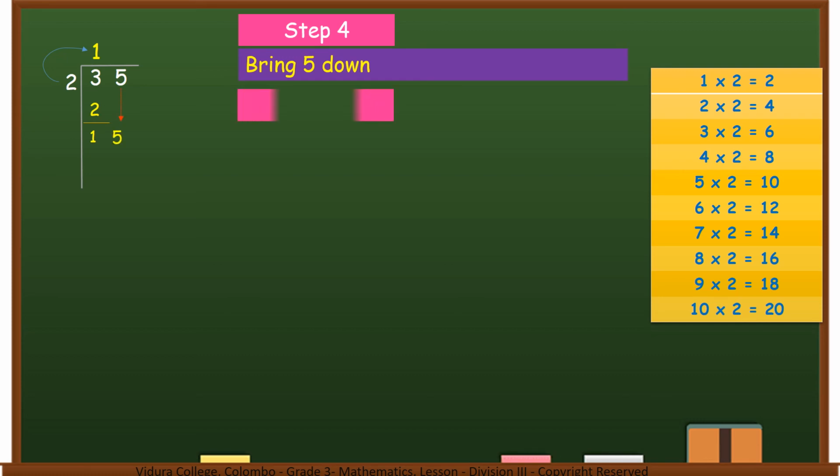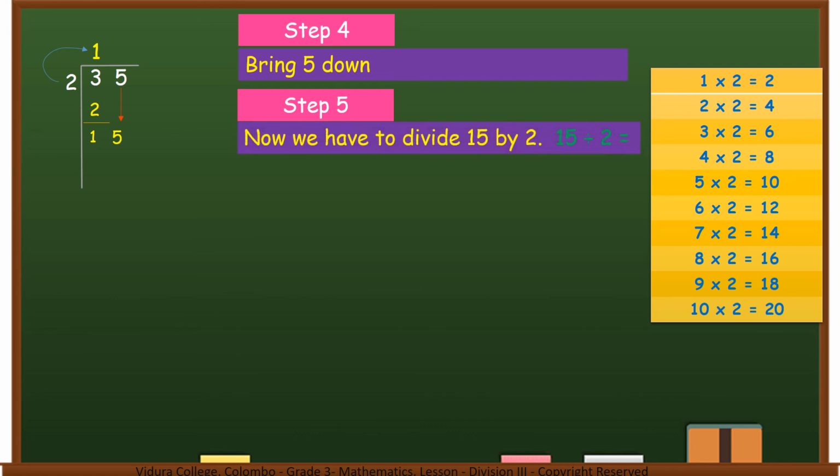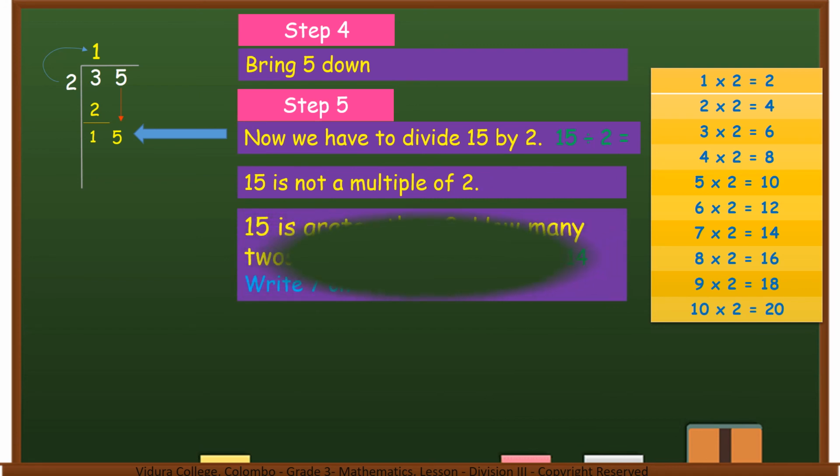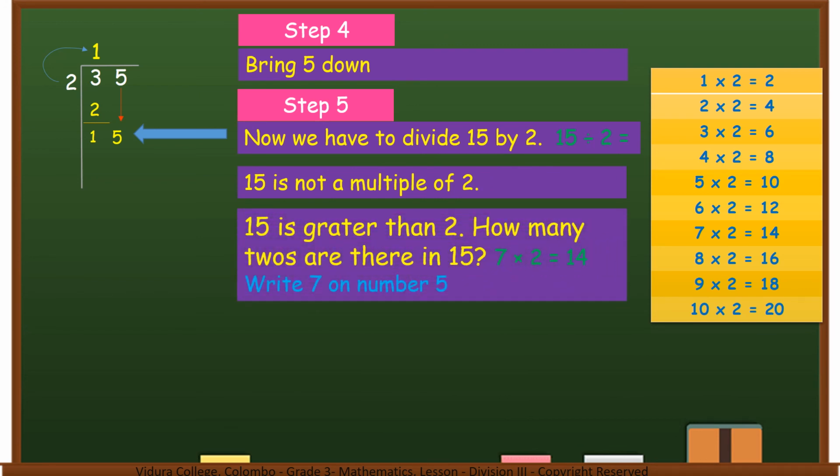Step 5. Now we have to divide 15 by 2. 15 is not a multiple of 2, but 15 is greater than 2. So how many 2's are there in 15? We take the closest multiple. That is 7 times 2. 7 times 2 is 14. So we can write 7 on number 5. Step 6.